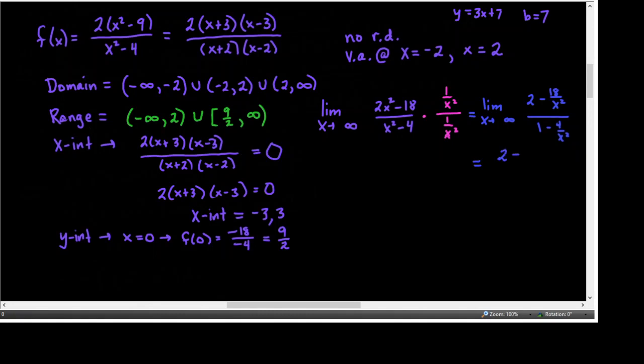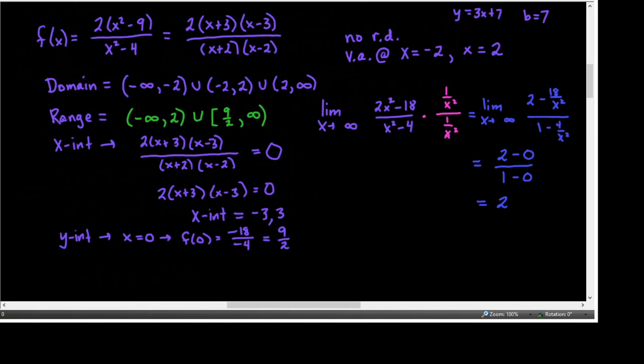The limit of a constant over a positive power of x as x goes to infinity is 0, and same ideas in the denominator, and so that is 2 over 1, which is 2. So that expectation we had actually ended up being correct here.